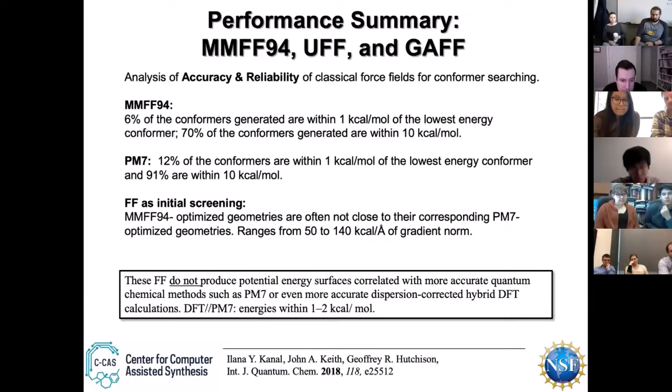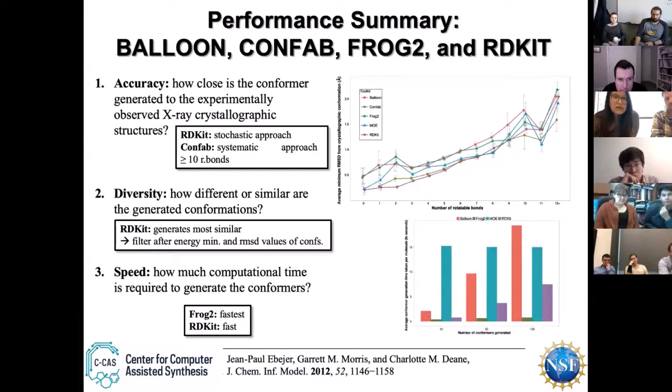So yeah. And then some of these toolkits that Julian was talking about included RDKit. In this review, they have a comparison between the toolkits Balloon, Confab, and Frog2. They did three different studies, one of accuracy, of how close the generated conformers compared to the experimental results.